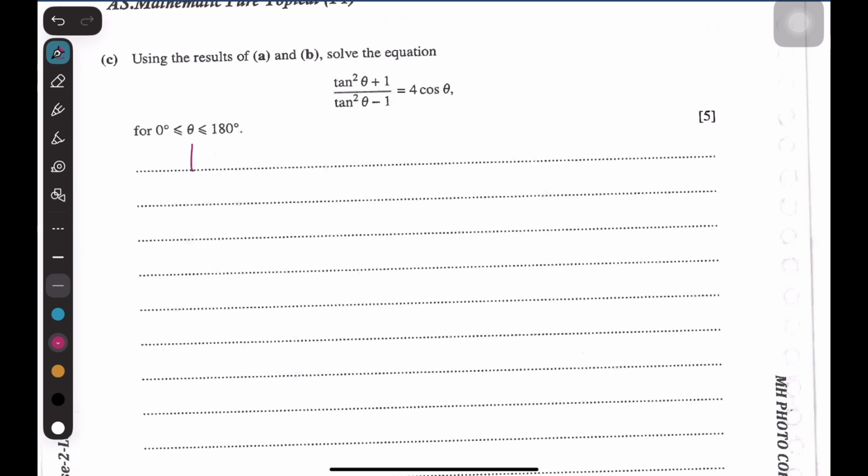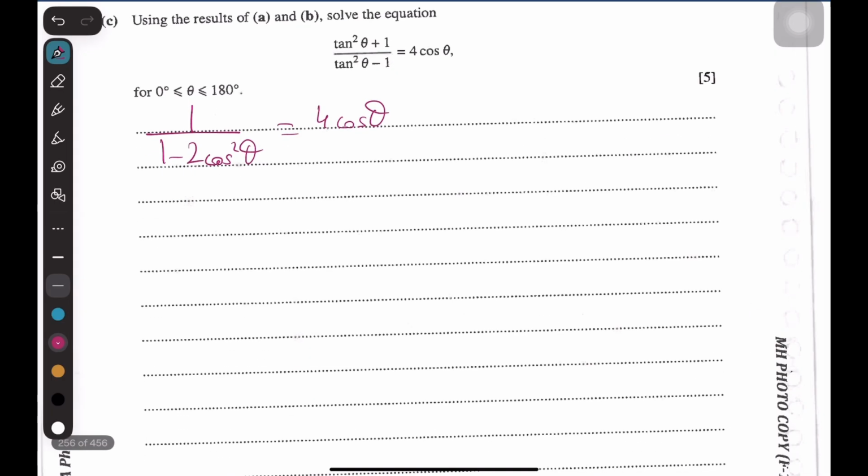So we'll write this as 1 upon 1 minus 2 cos square theta equals 4 cos theta. Now if we cross multiply, we'll get 4 cos theta minus 8 cos cube theta. Shifting everything to the right side, so I have 8 cos cube theta minus 4 cos theta plus 1 equals 0.